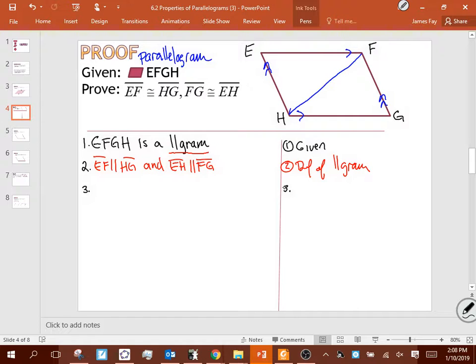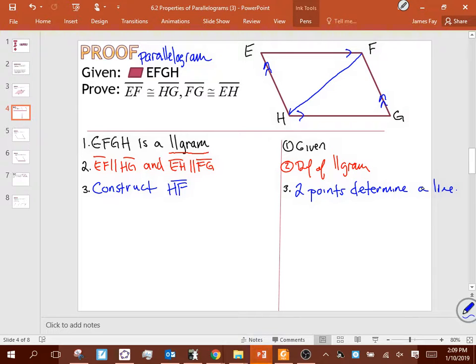So there's a lot of different things here that we can write. I'm going to write as my statement, construct or draw segment HF. And now my reason, I'm going to say 2 points determine a line.